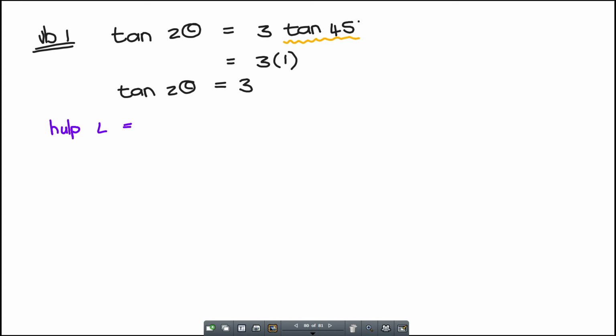Het jy hom afgerond tot 2 decimaal? Okay, so hulphoek, if you round it off to 2 decimals, it would be 71,57 degrees. All right.